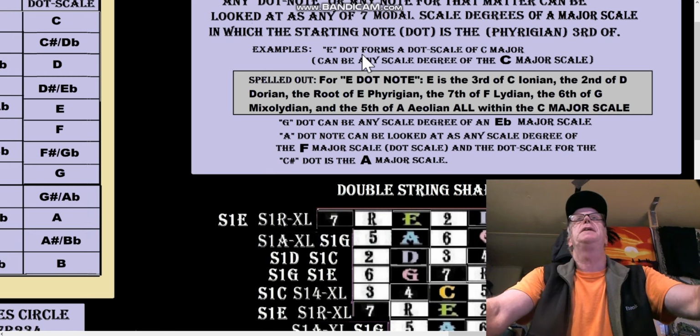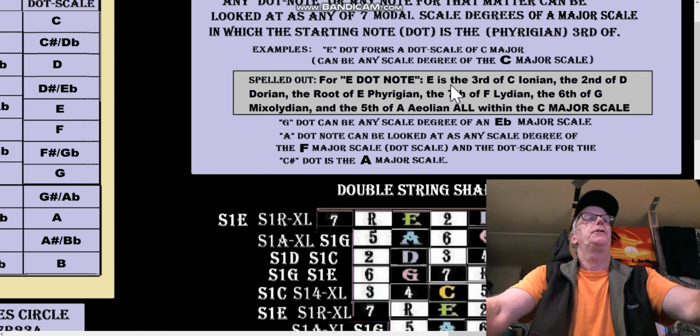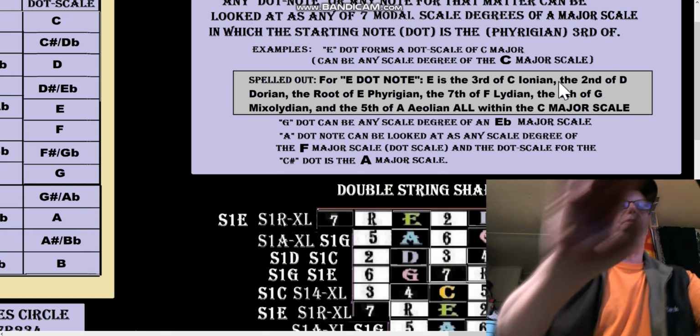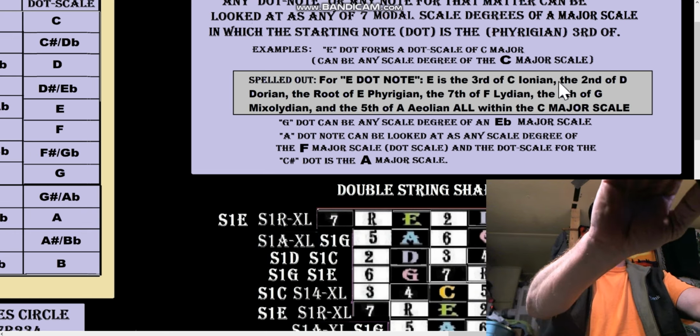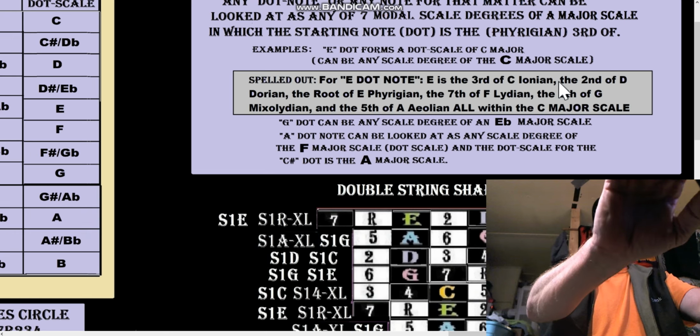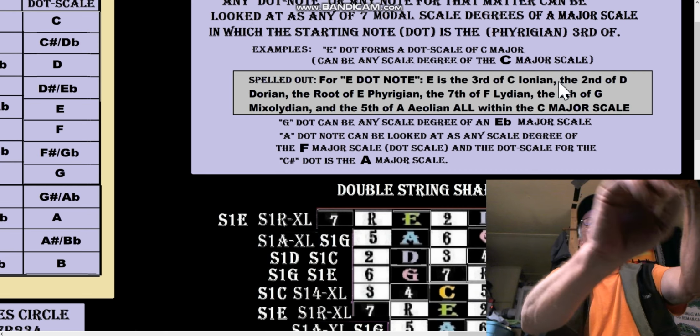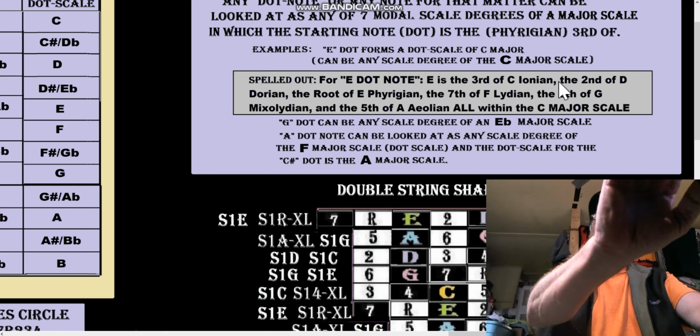So for the E double dot, E is the third of C. Okay, so E's the third of C. It's the second of D. It's the root of E. Now, it's the seventh of F Lydian. Okay. Seventh of F Lydian.